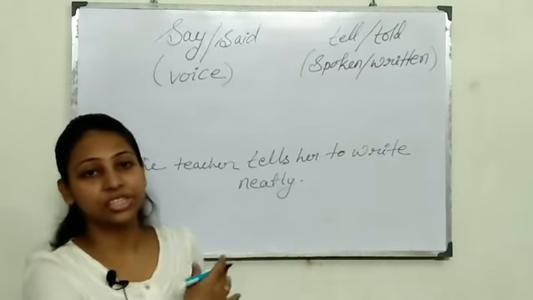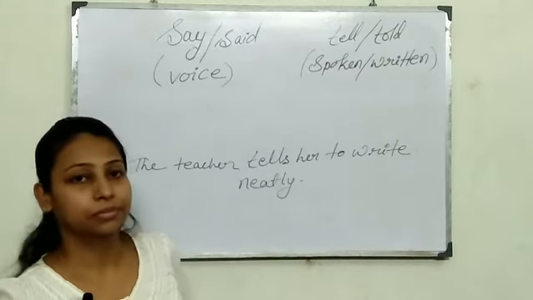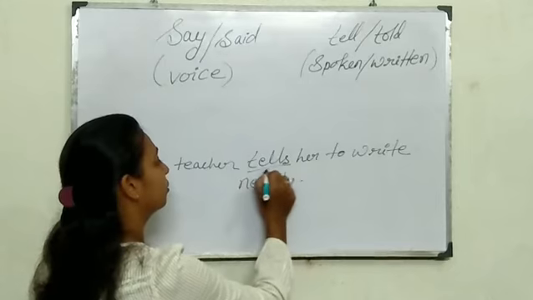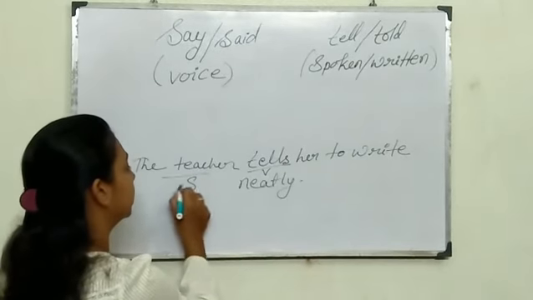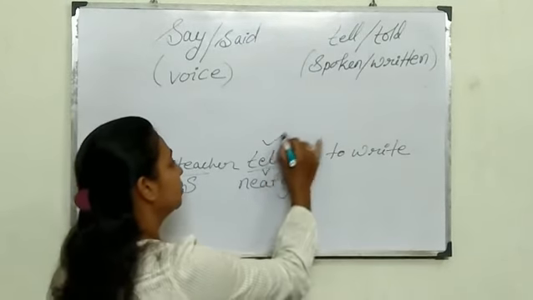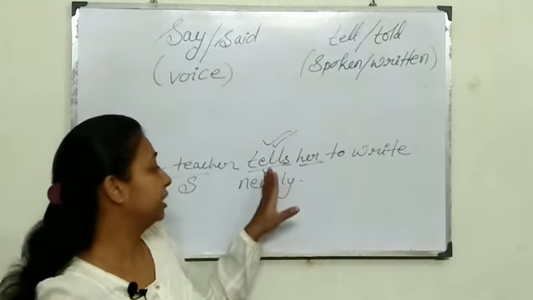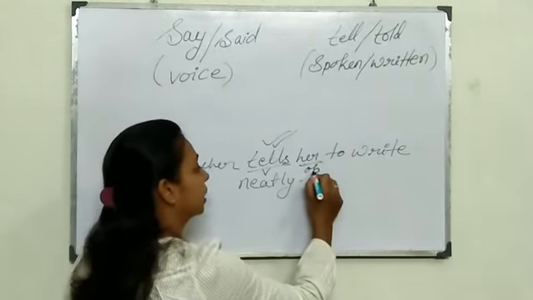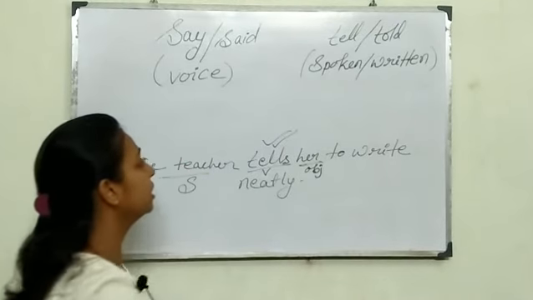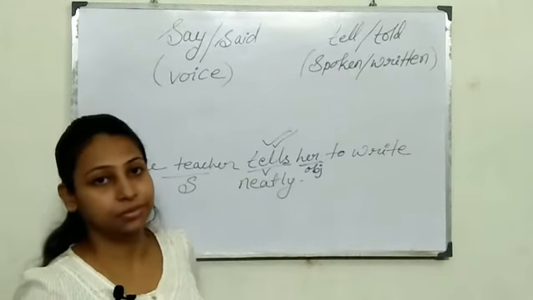So this is the instruction given by the teacher to the girl. Tells verb, teacher subject. Now this tells verb, here you will find needs the object. Like tells to whom? Tells her. This is the object. And in this sentence, it is giving the instruction.